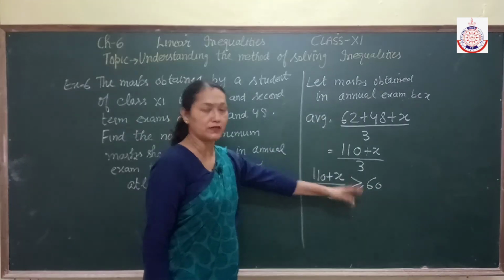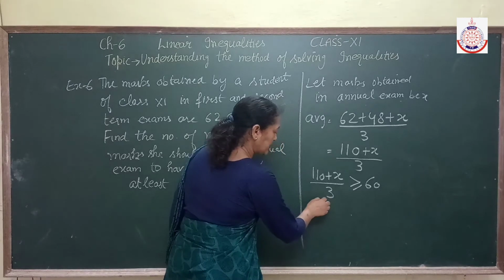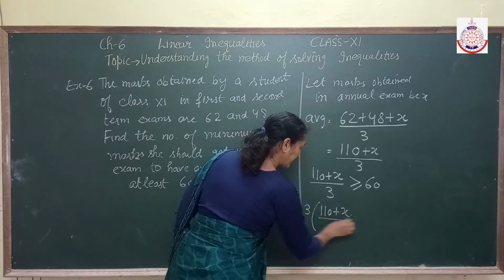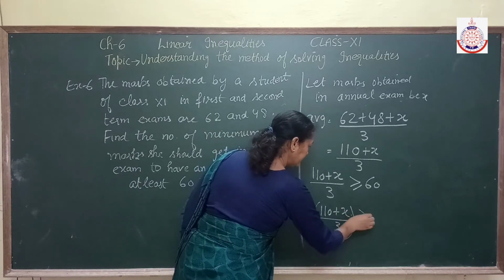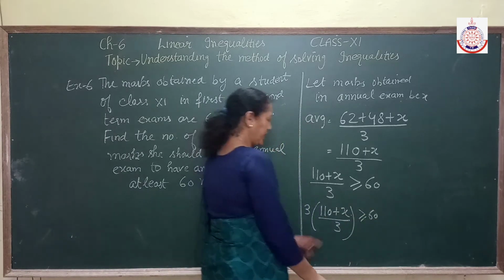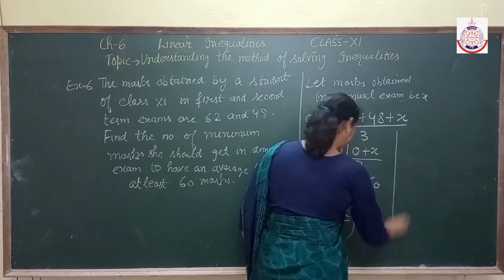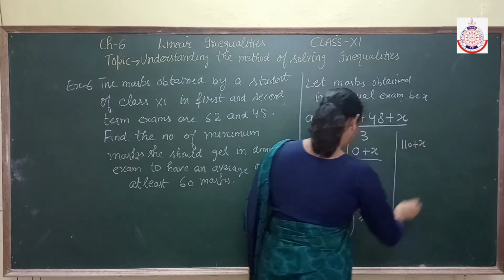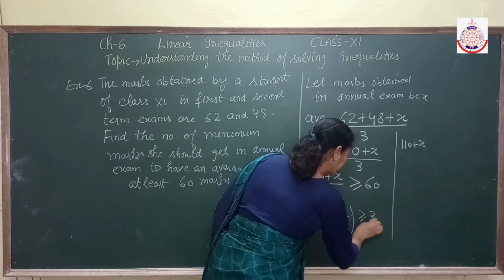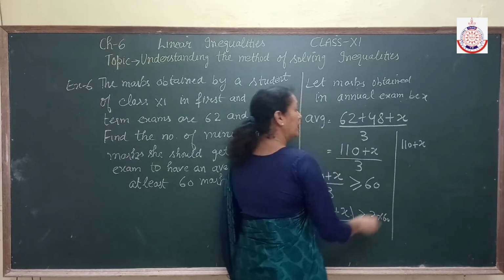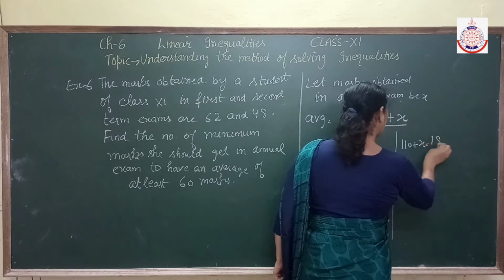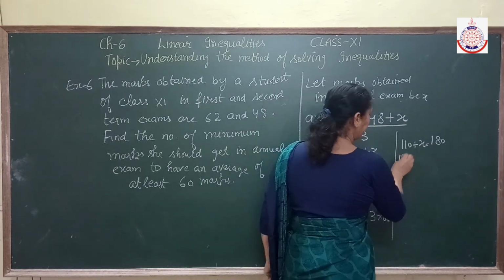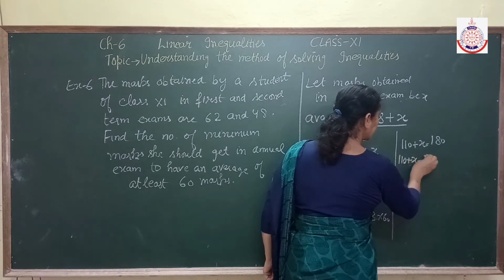At least marks. Now we have to remove this 3, means multiplying both sides by 3. 3 and 3 got cancelled. 110 plus x greater than or equal to 180. Now 110 is to be shifted, means subtracting 110 from both sides.